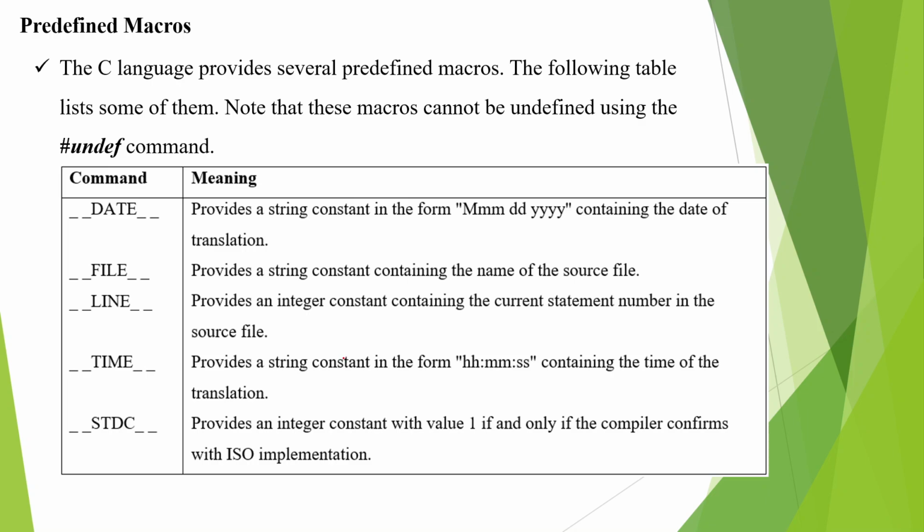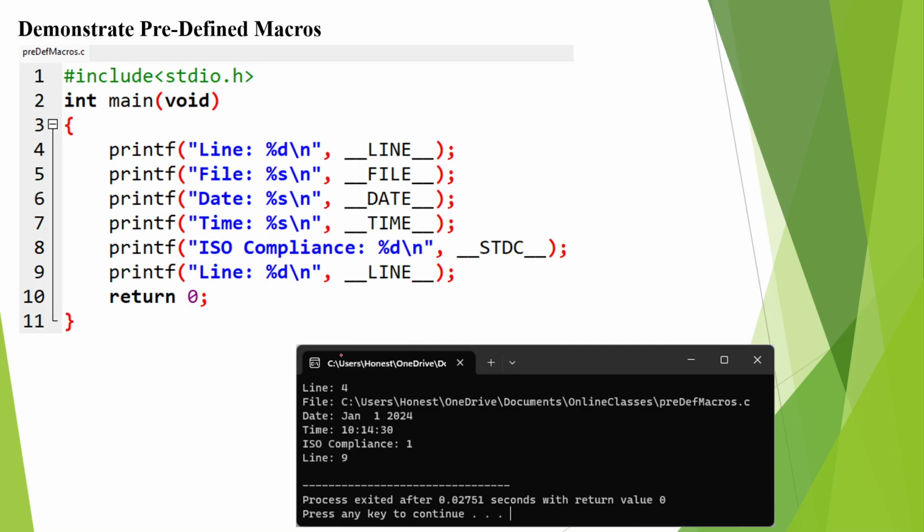Then stdc, if your compiler conforms to the ISO implementation, it will return true, otherwise it will return false.